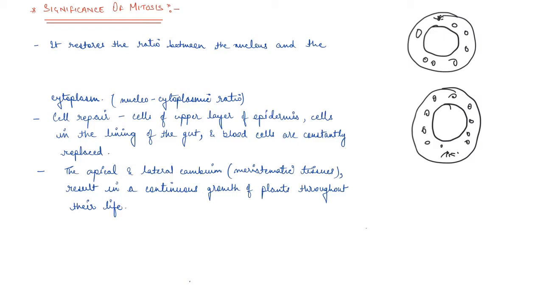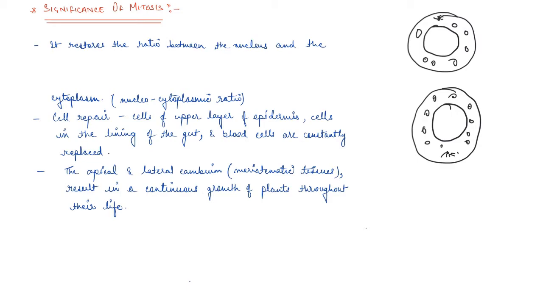Now basically mitosis is an equational division, right? There is equal division of the chromosomes. So this is restricted to diploid cells only. Remember that this is restricted to diploid cells only.